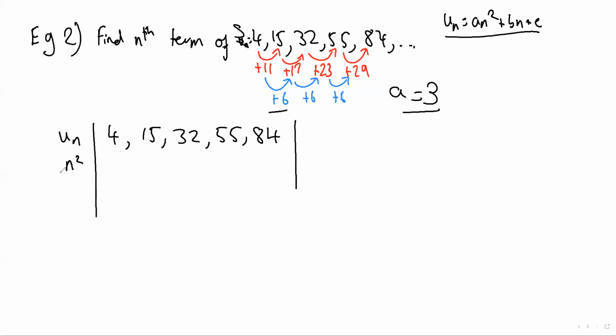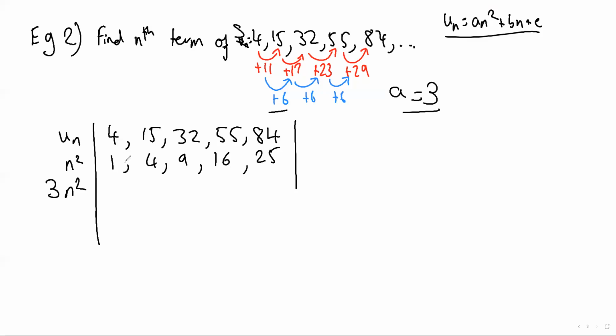Below it, let's just write n squared for now. It's just the square numbers. Now let's multiply it by 3, so it's a little bit easier.